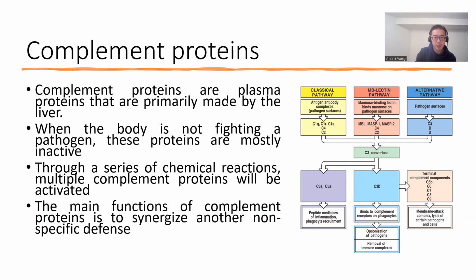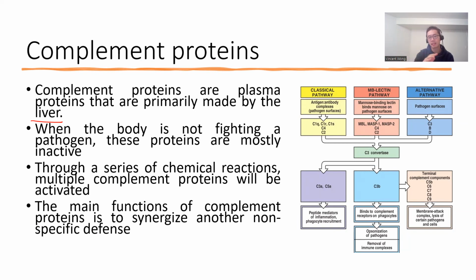They are plasma protein that are made primarily in the liver. And when you are not fighting a pathogen, these proteins are not turned on. Okay? They will circulate in the blood, right? But they are in an inactive state. When you are fighting a pathogen, then you have to turn them on one by one.